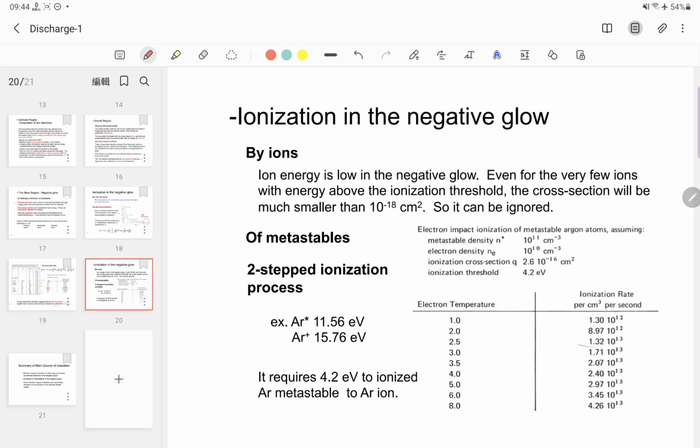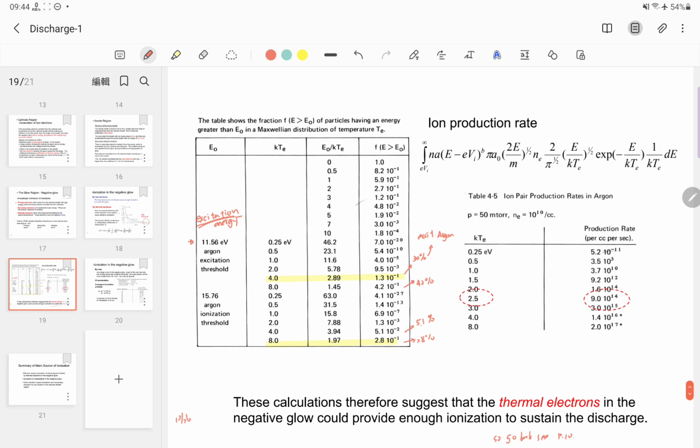Ions and electrons are a small portion of the plasma. So in the plasma gas, most of the gas atoms are in the neutral state, and there are low energy neutral states and high energy neutral states. The high energy neutral state is also called metastable.